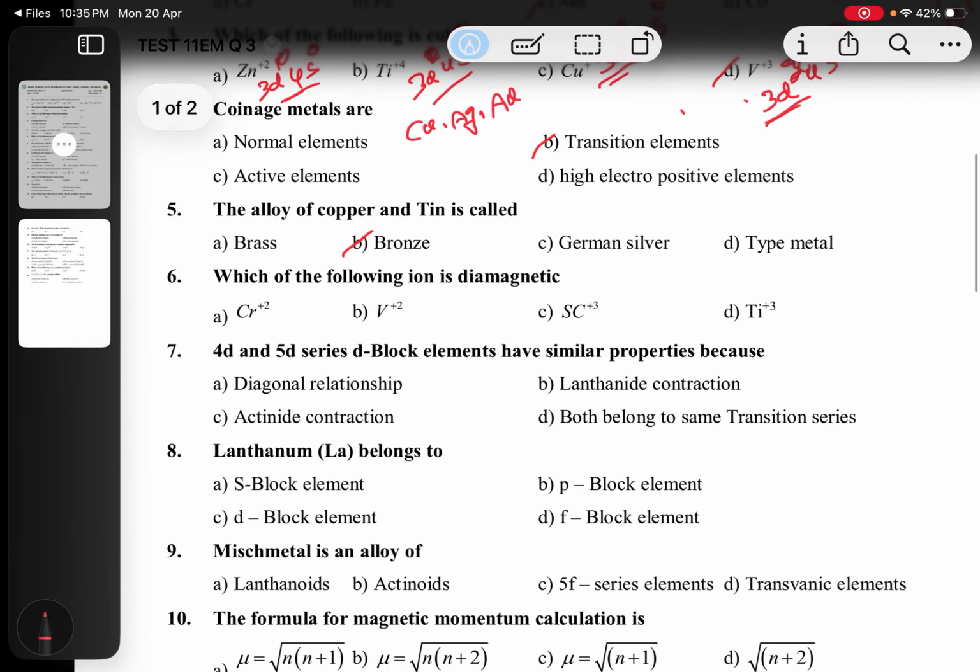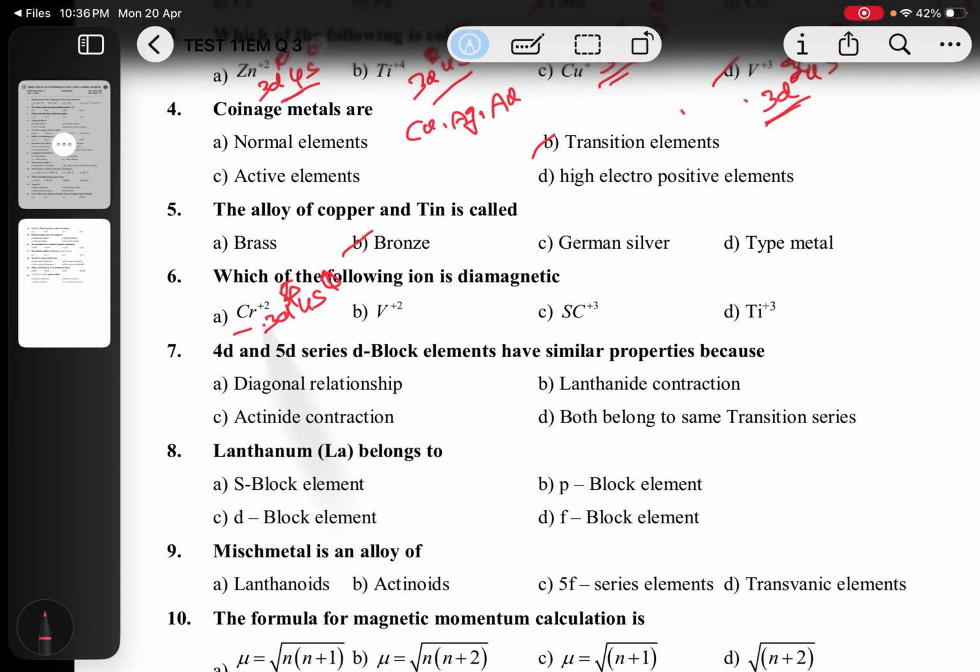Next, which of the following ions is diamagnetic? Diamagnetic means it does not contain any unpaired electrons; completely filled orbitals are diamagnetic. Chromium plus 2. Chromium atomic number is 24, 3d5 4s1. Plus 2 means it loses 1 electron from the s orbital and 1 electron from the d orbital.